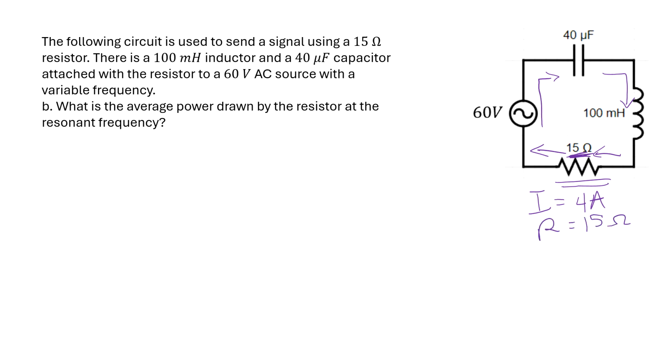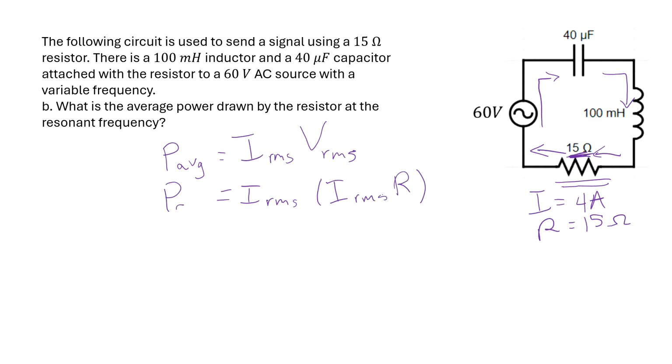That's enough to answer the question because the average power is going to be equal to I RMS times V RMS. But since V equals IR, this is just IRMS times IR, or IRMS times R. This is the power pretty much used by the resistor.